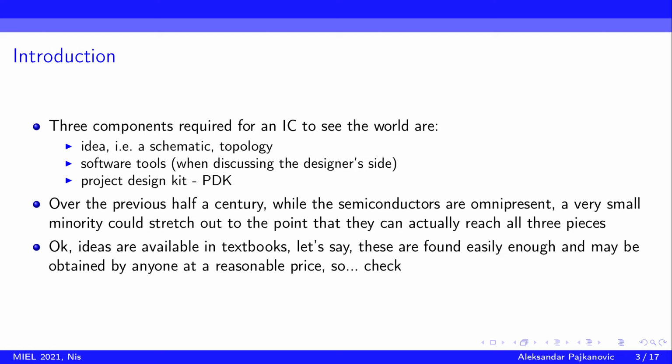Of course, we're talking about the designer's side, not the tools used in the foundry to create the layers on top of silicon or other substrate. And then the final part is the process design kit, or the PDK. That's basically the description of the devices that we can use within the software to implement our idea, our schematic.